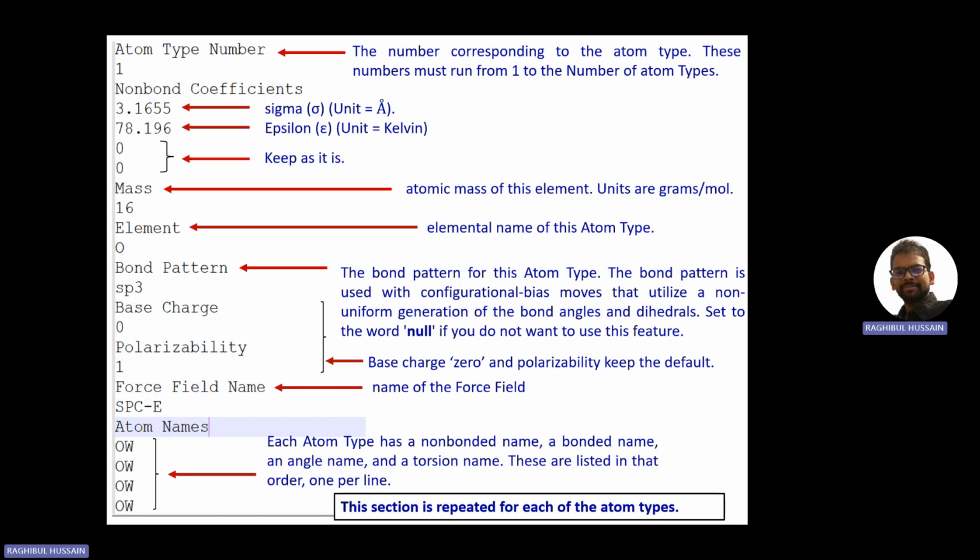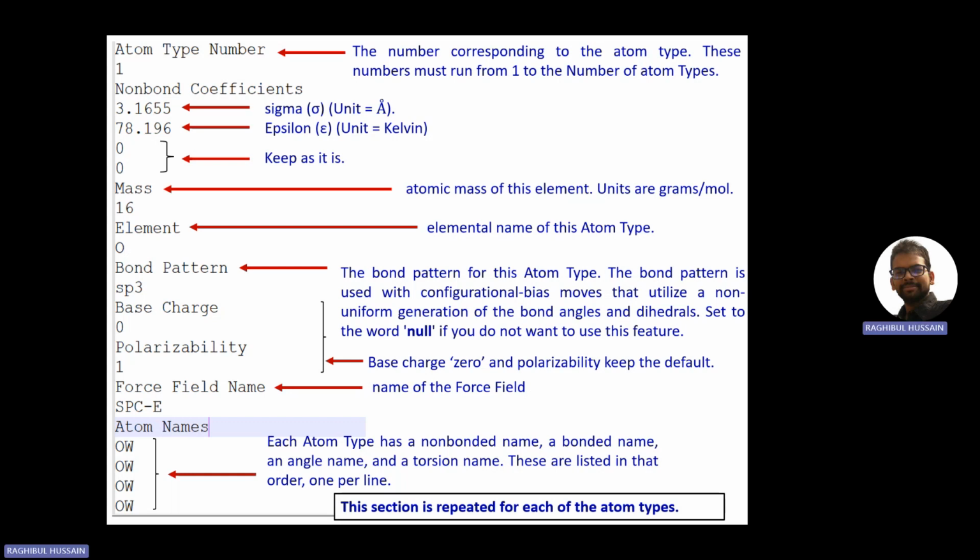Then you divide whatever you are getting by the Boltzmann constant KB, which is joule per Kelvin. So joule and joule will cancel out. You have to do the unit conversion in this case.